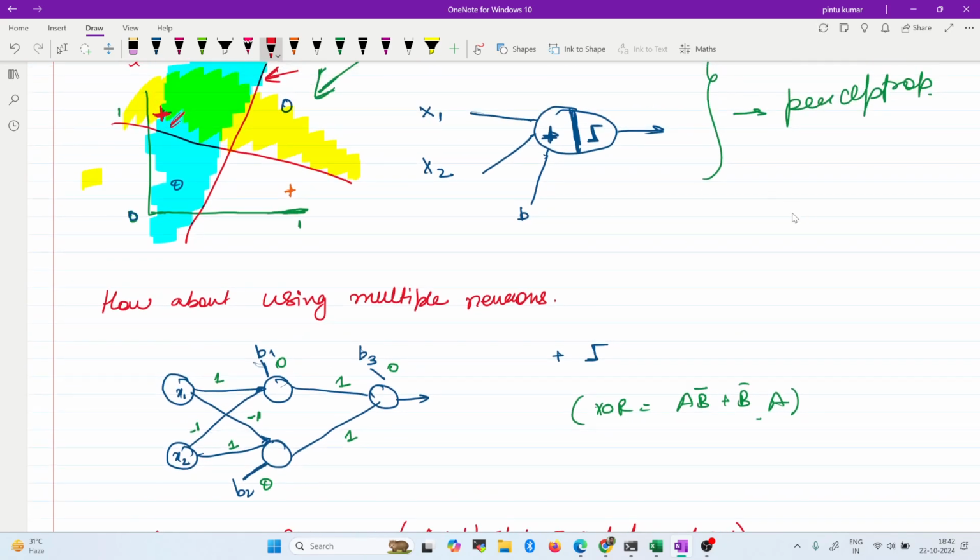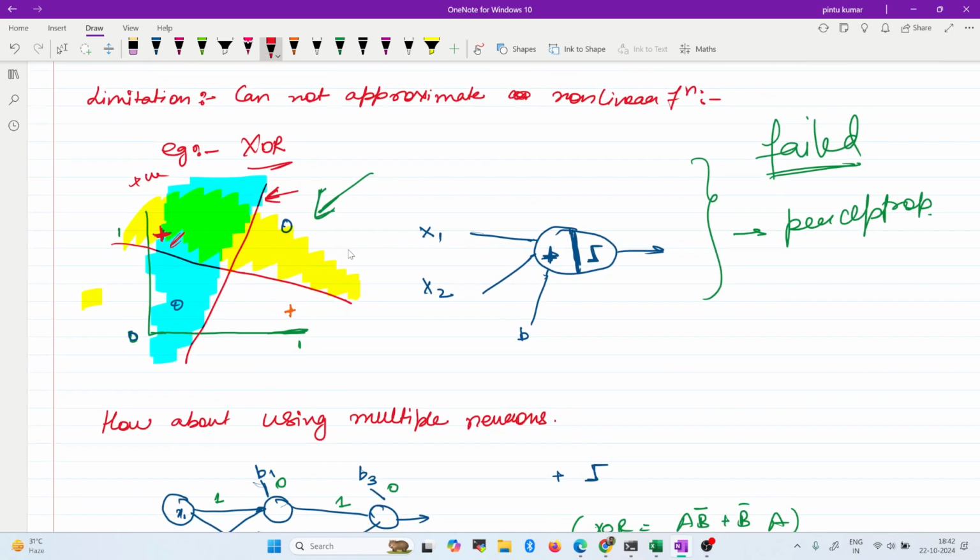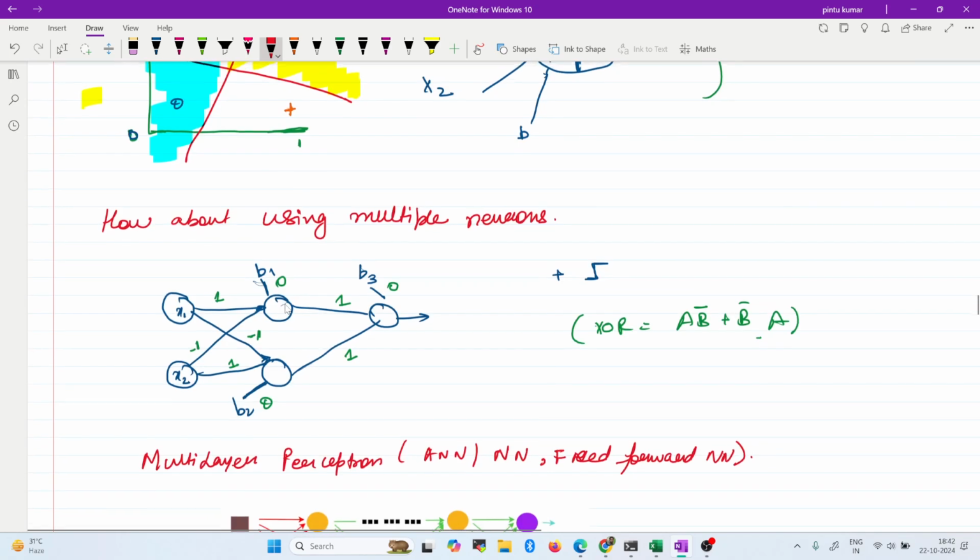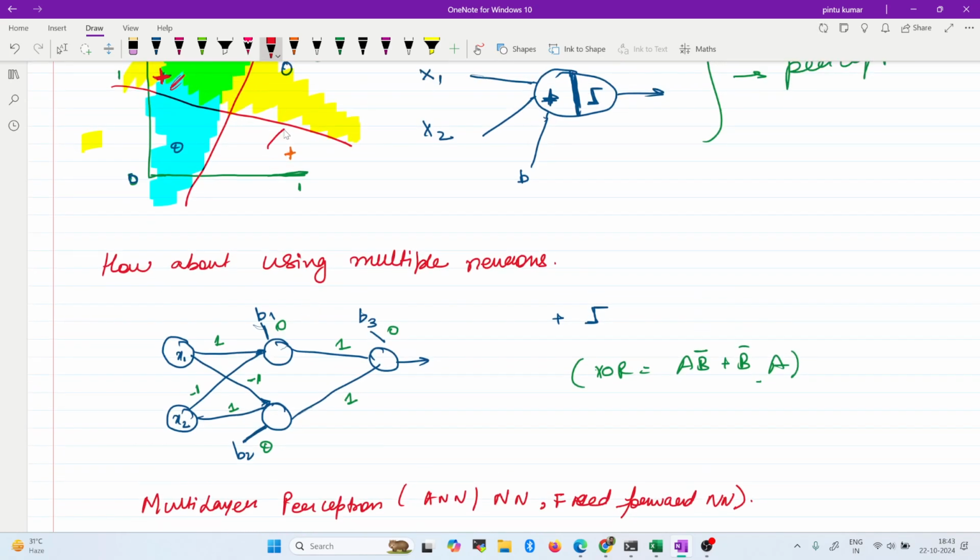So you can represent this as a combination of two perceptrons. One perceptron can be used to find this particular line, another perceptron can be used to find the other line, and then these two perceptrons can be further merged using a third perceptron to get the output.